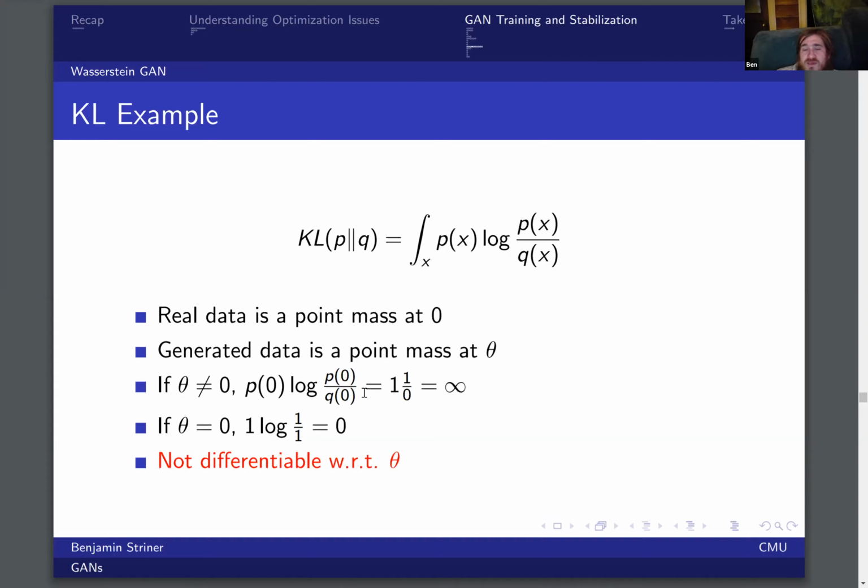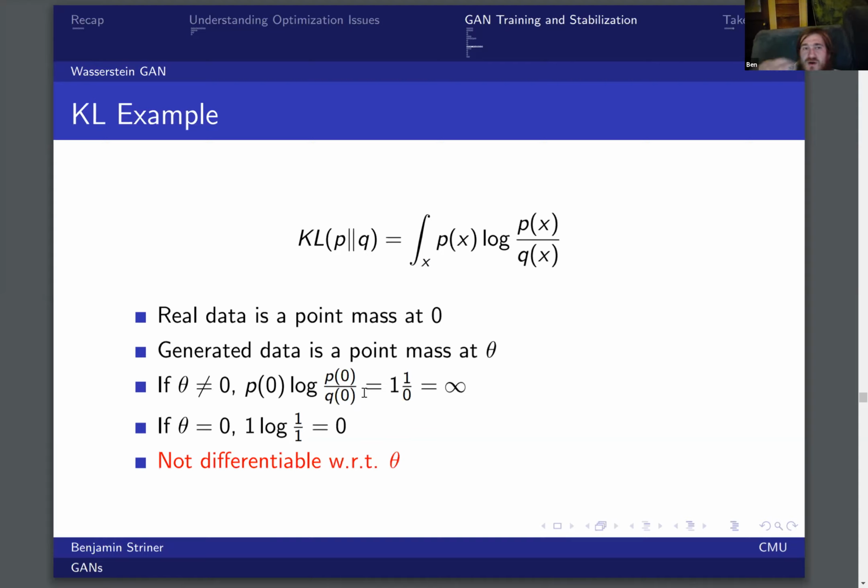Because this KL divergence, as it's written, is an integral over x, that means at each x, it's completely independent. So if I'm outputting data that is 0.1, and you're outputting data that is 0.2, well, the likelihood of me outputting 0.2 is 0, and the likelihood of you outputting 0.1 is 0.